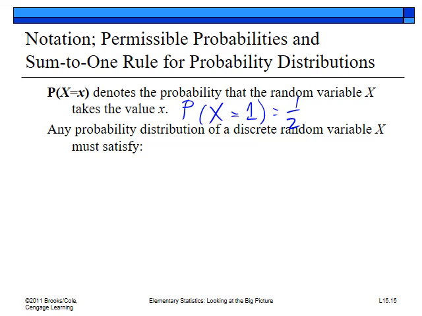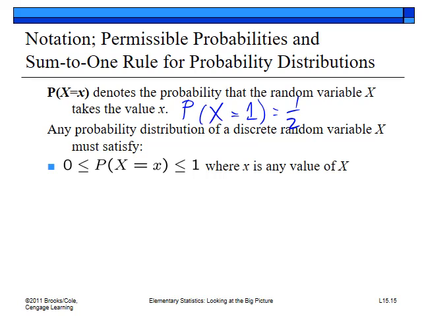Now, if you consider the probability distribution of any discrete random variable, the following things must be true. The probability that big X equals little x must be between 0 and 1 inclusive. That's because this is a probability, so it has to follow the rules of probabilities.